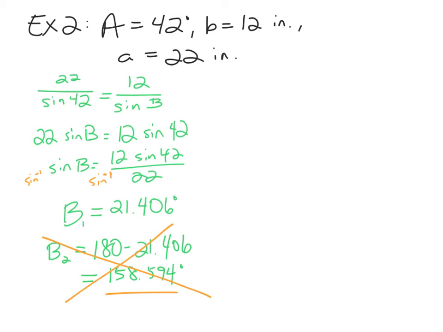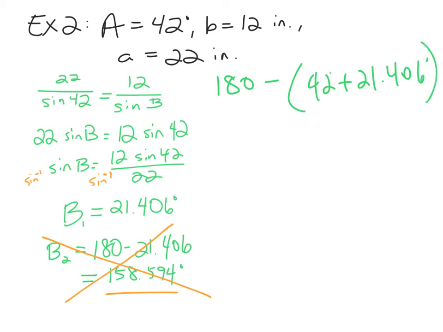So that means we just need to find two other things, and that is going to be side C and angle C. Angle C is going to be the one next. We're going to do that by doing 180 minus the two angles that we already know, and that is 42 plus the 21.406.